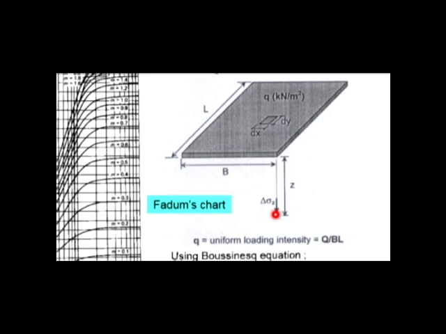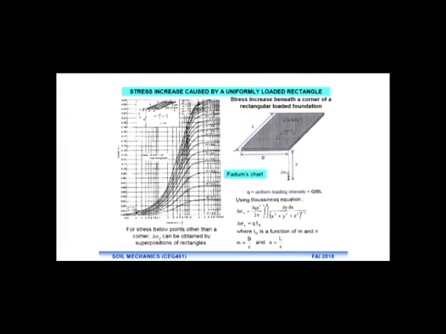Same, the shorter side is B and the longer side is L. The point of interest is the one where you want to determine the increment of the vertical stress, so it must be at the corner of the rectangle.